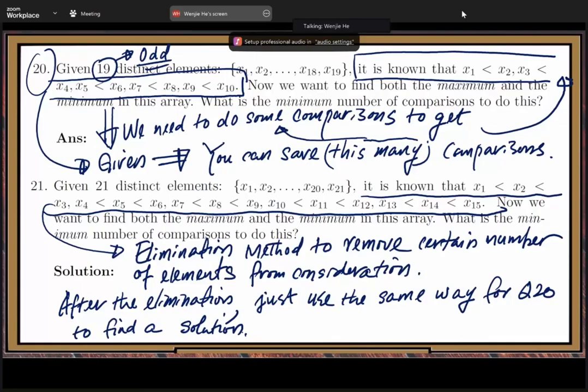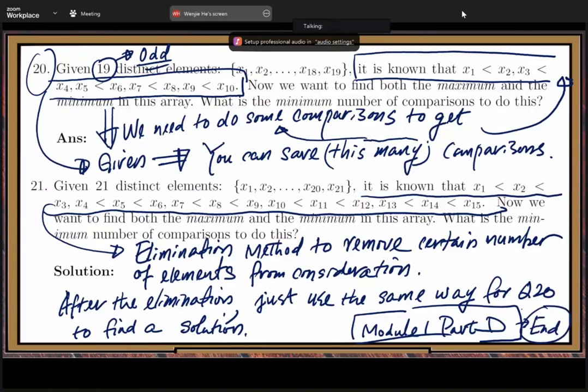But for both of these questions, you need to fully understand our previous notes, Module 1, Part D, the last topic near the end.